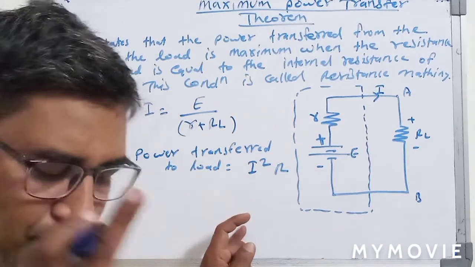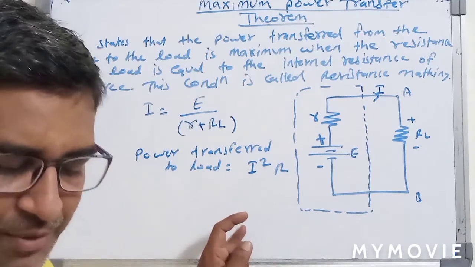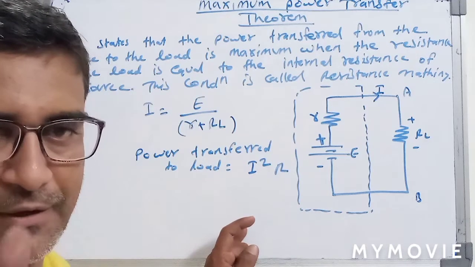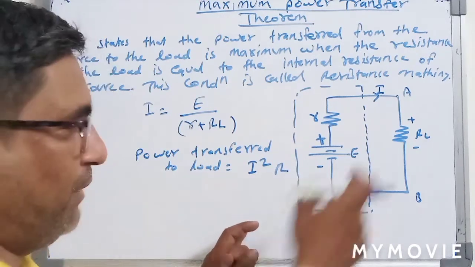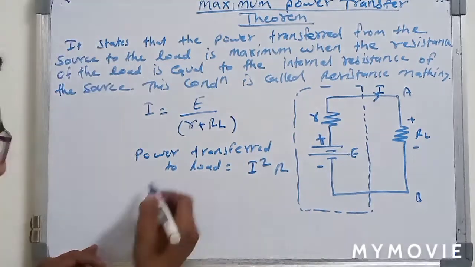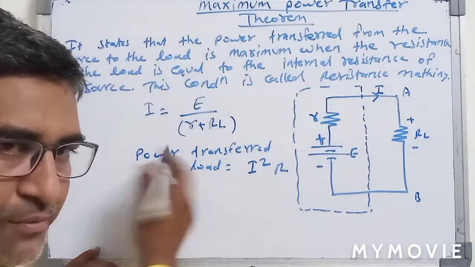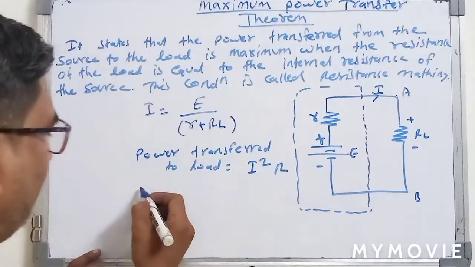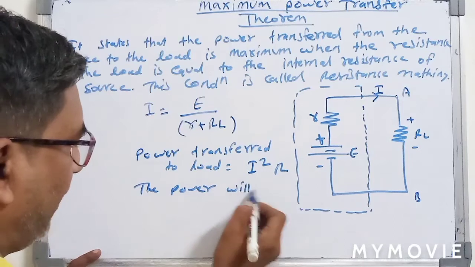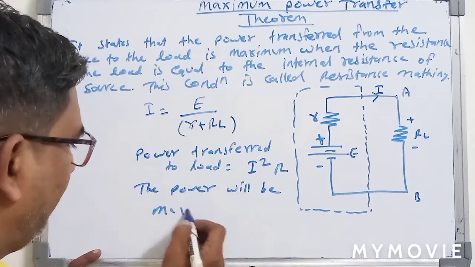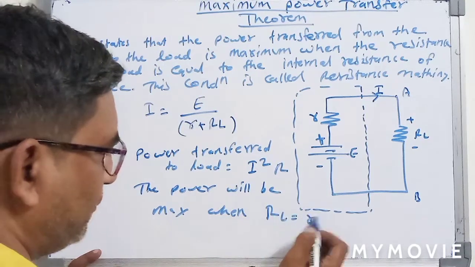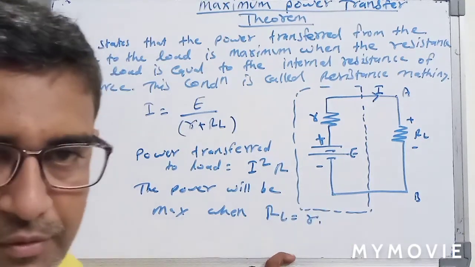Then this power will be maximum when the load RL is equal to the internal resistance r.